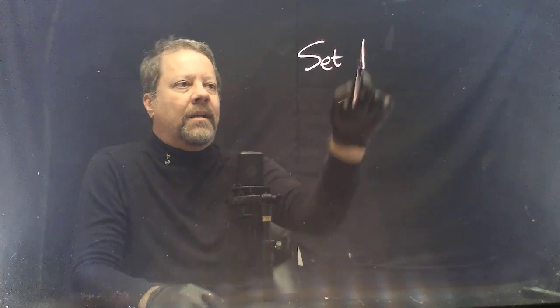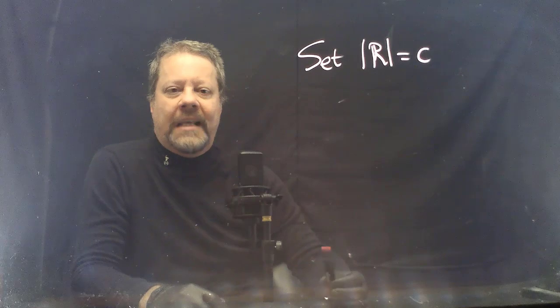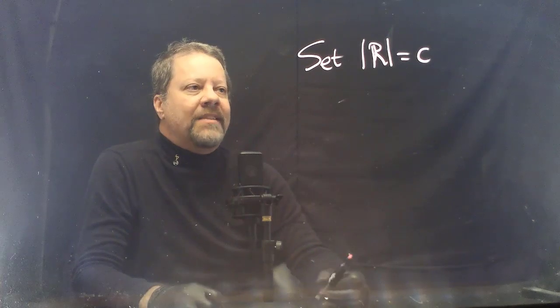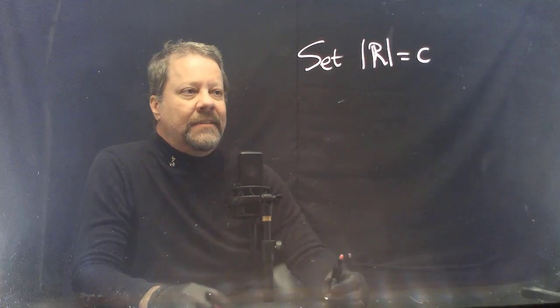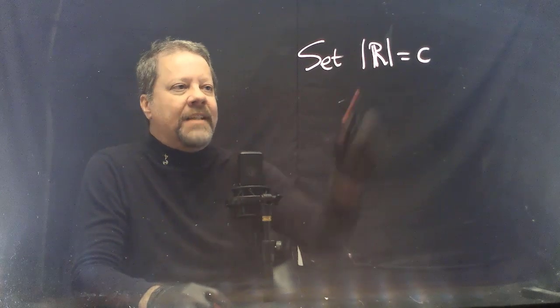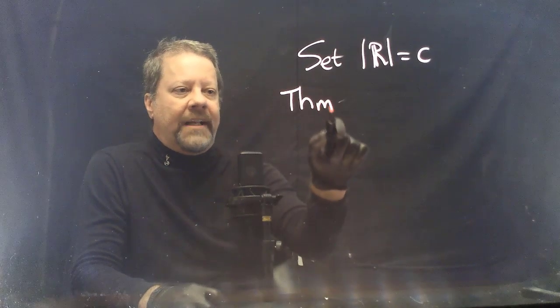We're going to set the cardinality of the real numbers to be C, and we're going to show that C is not aleph naught, that the real numbers do not have the same cardinality as the set of natural numbers.